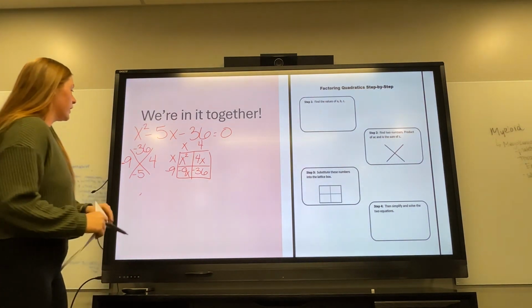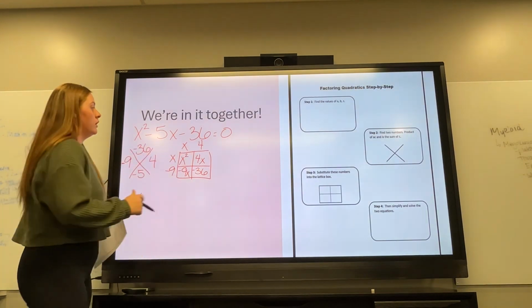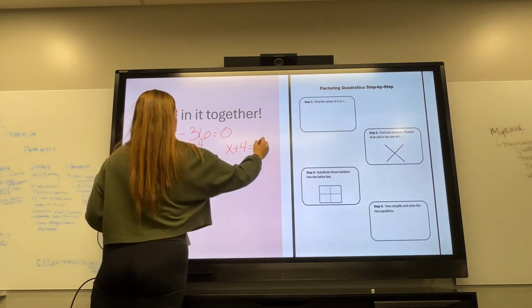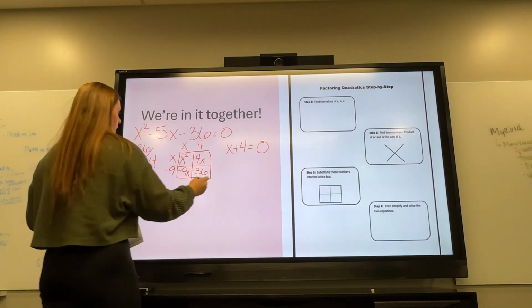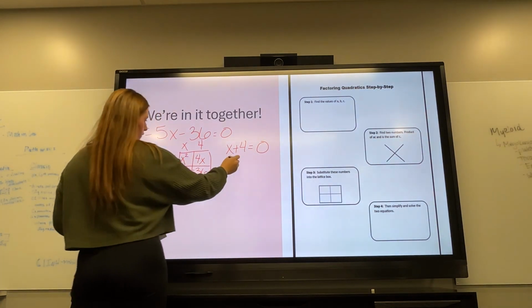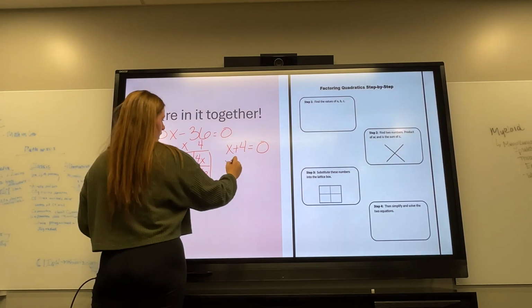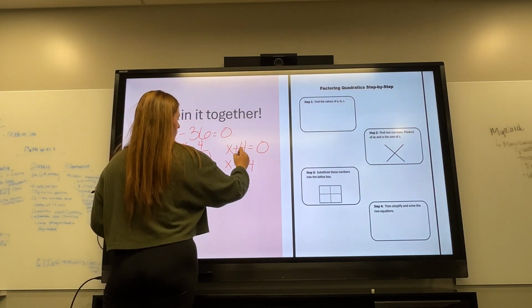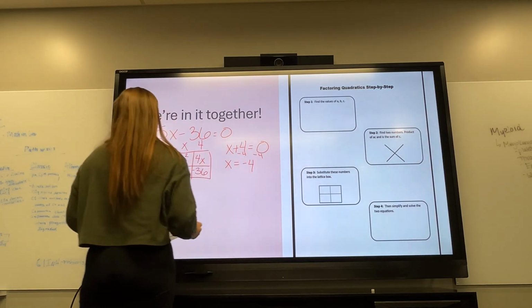We're going to take our side and our top and make it equal to 0. x plus 4 equals 0, and let's solve for x here. x equals negative 4, because you subtract 4 from both sides.